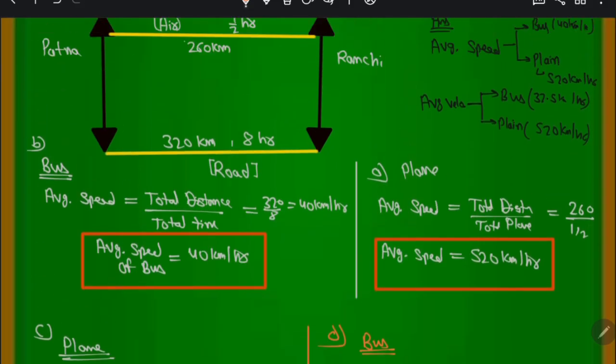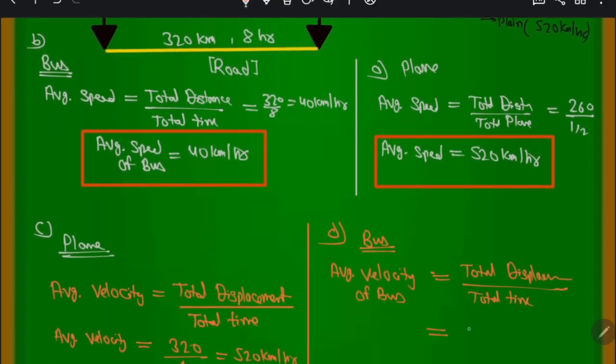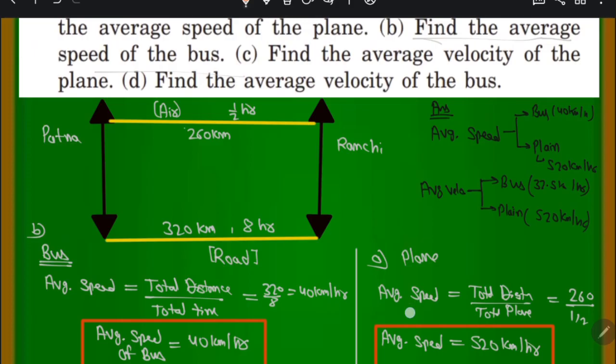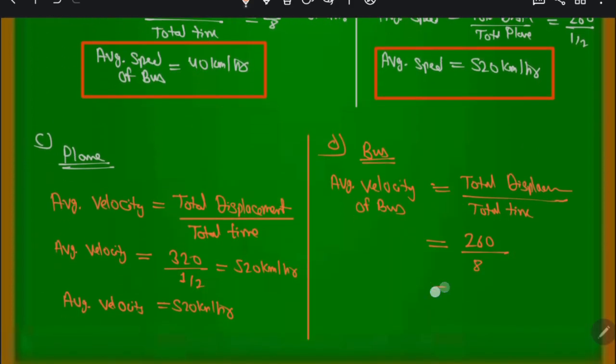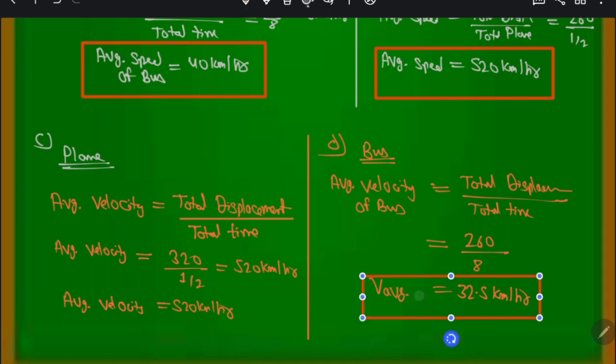Displacement is the shortest distance, and that shortest distance is 260, divided by total time, 8 hours. So if you divide 260 by 8, that comes out to be 32.5 kilometer per hour. Getting my point?